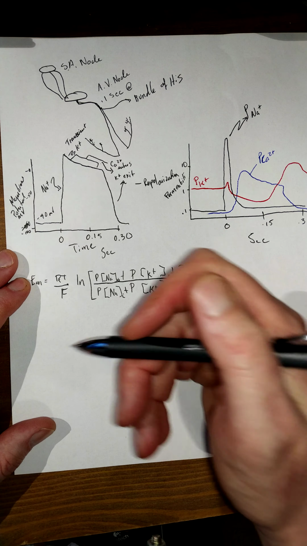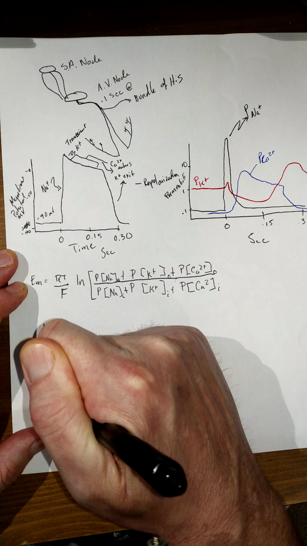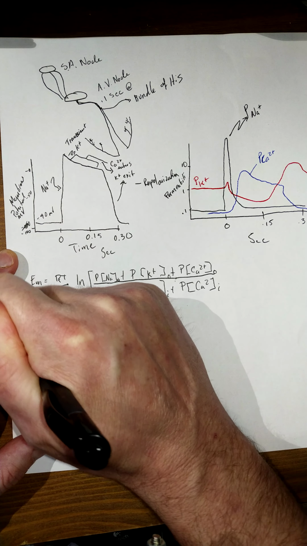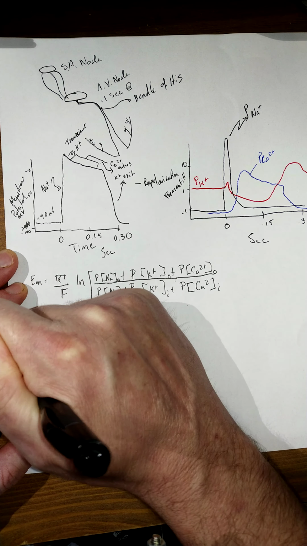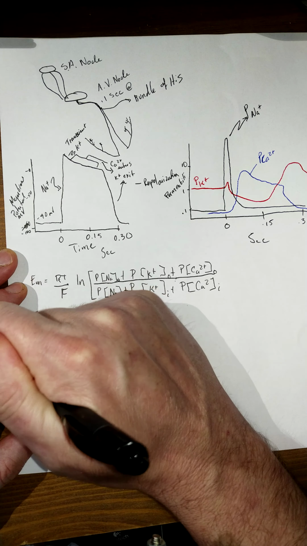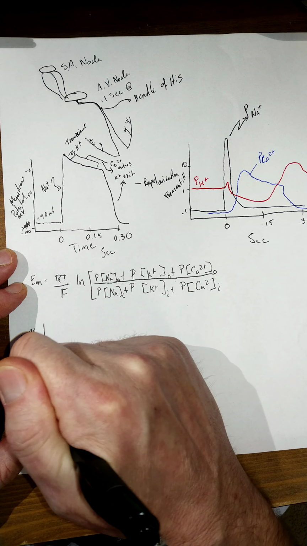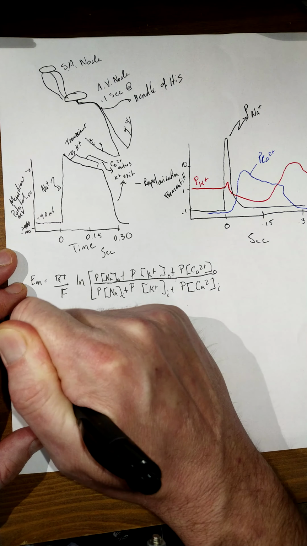But what allows the SA node its unique ability to spontaneously depolarize at a rate and stay at that rate is its membrane potential. Once again, we never seem to get away from membrane potential.